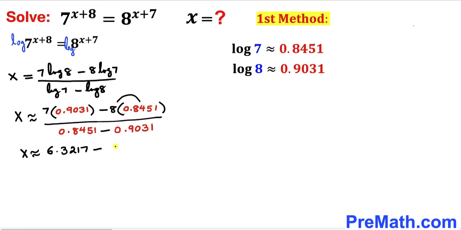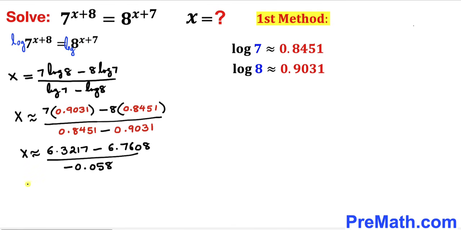So that is going to give us 6.7608 all over. And if we subtract these ones, that is going to give us negative 0.058. And now we are going to subtract these.